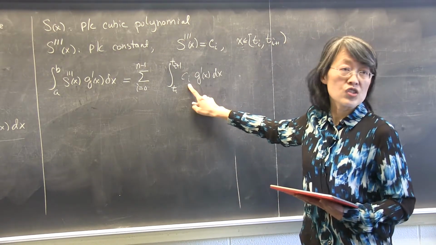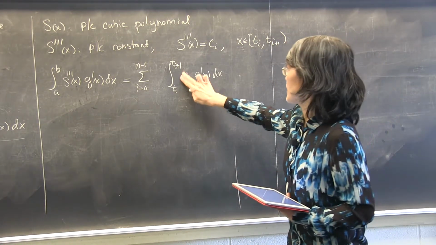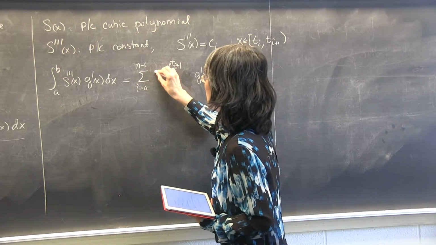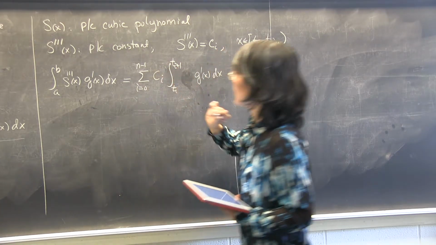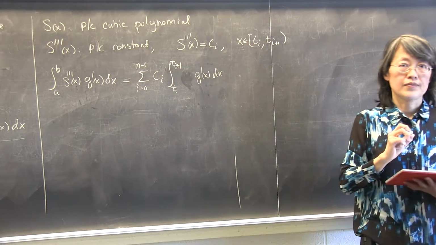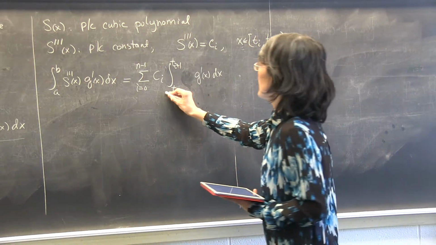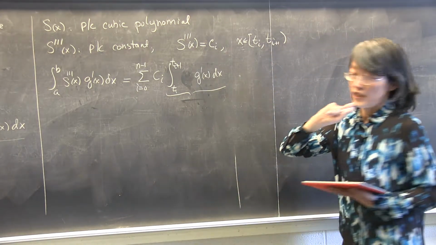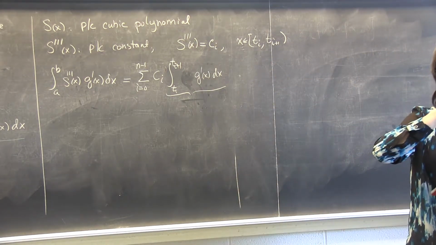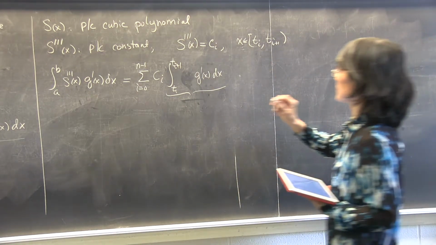So ci is just a constant. It doesn't have anything to do with the integrating variable x. So I can move it outside the integral sign. You can do that. Now what do you have? You are integrating a derivative over an interval. What does that give me?